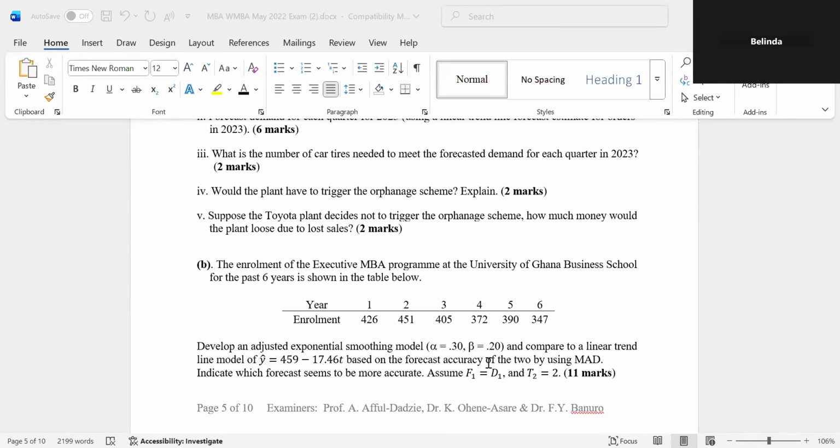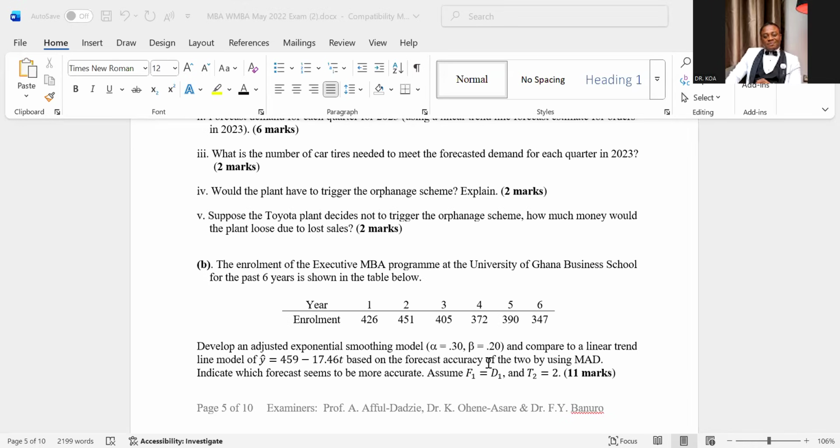Oh, okay. I heard some numbers, but I didn't know where those numbers were coming from. What will make the plant trigger the orphanage scheme? If demand or production is more than the contract, isn't it? Yeah. The contract is 100,000.